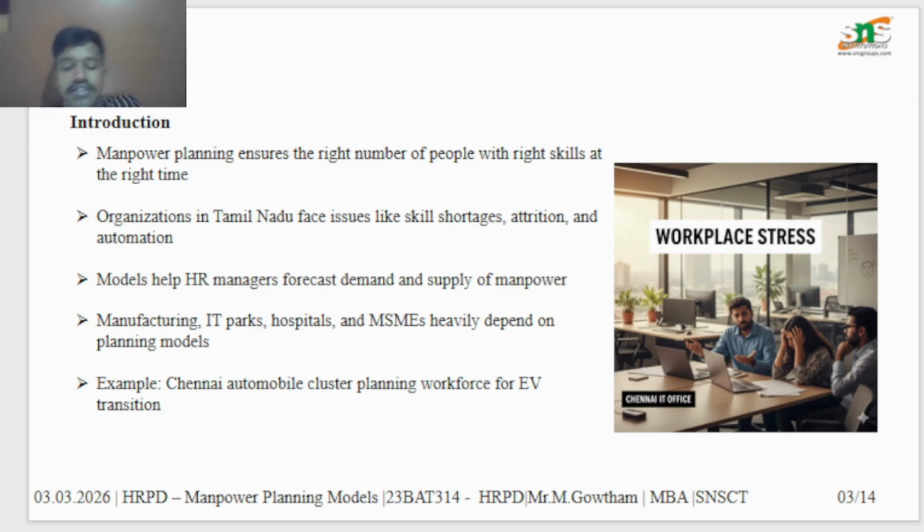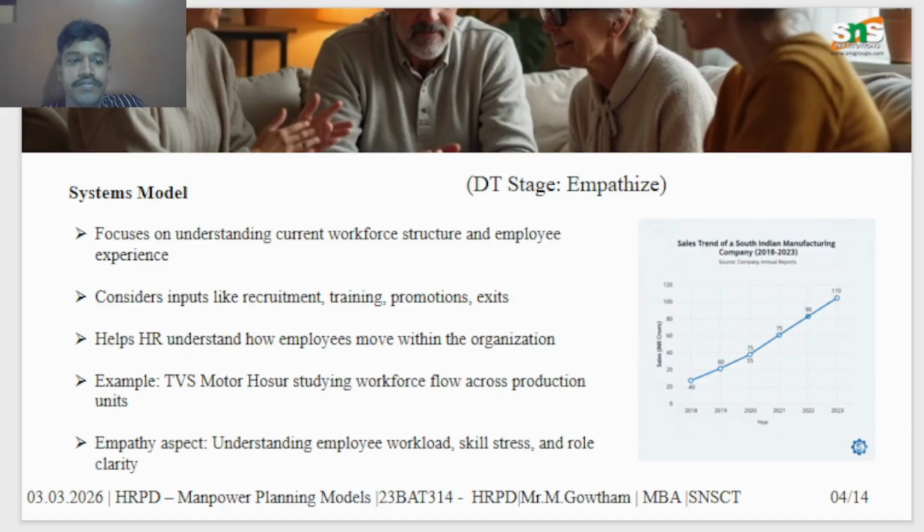Next slide, system model. So now moving to the ideate stage, let's talk about the system models. These models treat an organization like a system, where inputs, process, and outputs are connected. Employees are basically our inputs, training is the process, and performance is the output.